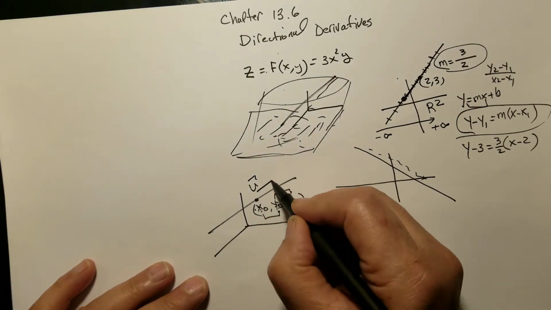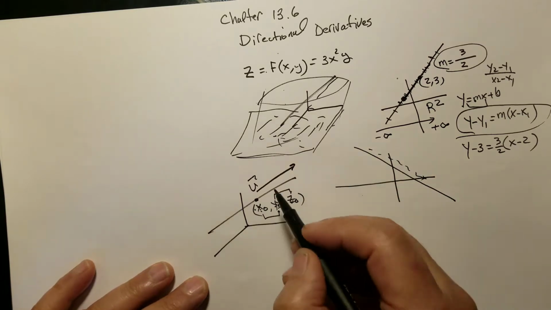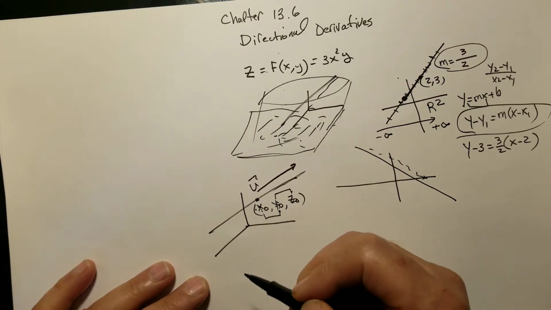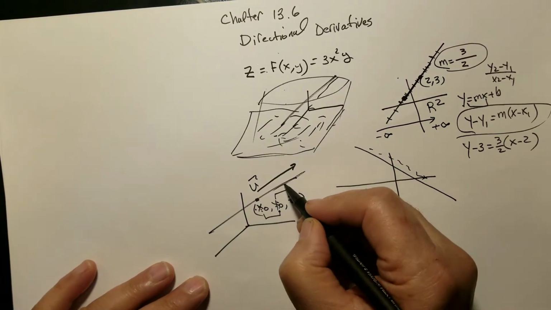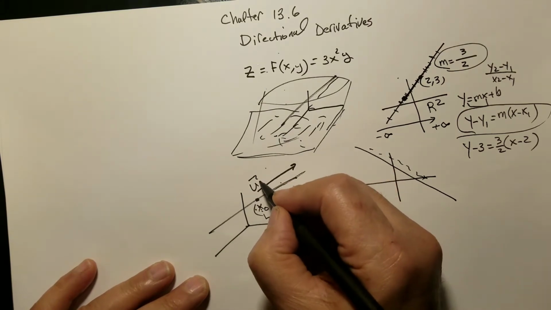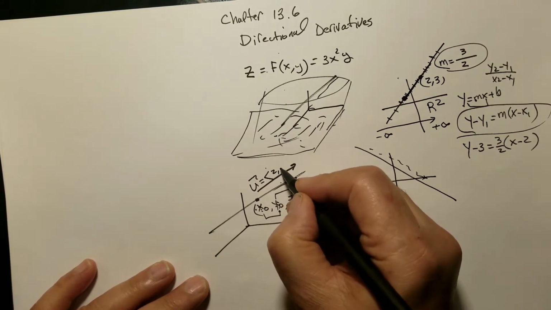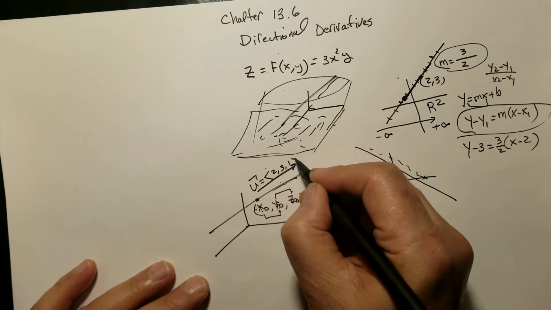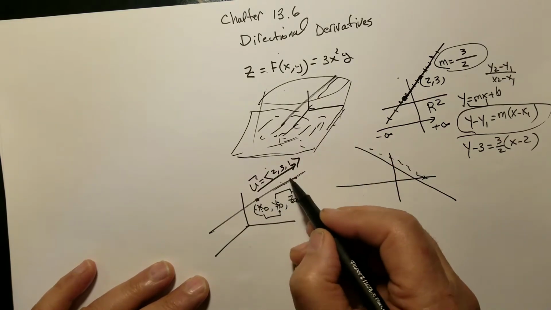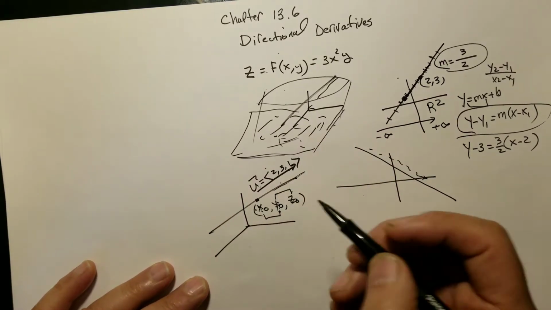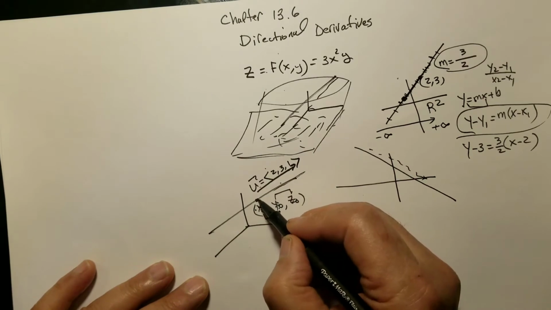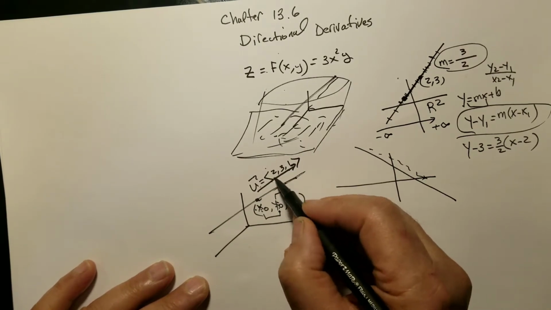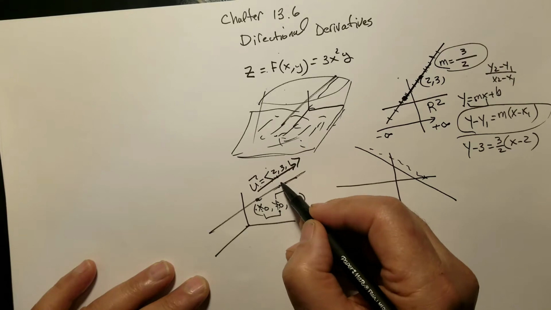Therefore, I must give you a vector which has the same direction as your line. Therefore, if that vector is (2, 3, 1), and I want to write the equation of a line which is parallel to that one, then if two vectors are parallel, they must be constant multiples of each other.